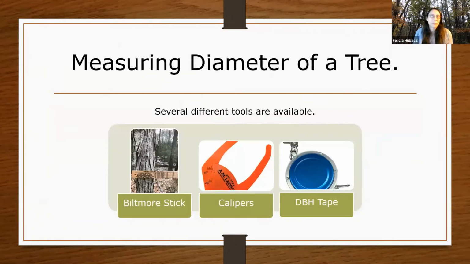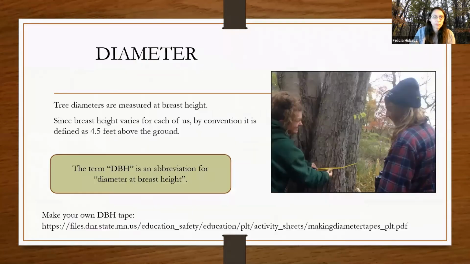So measuring the diameter of a tree, there's 3 different types of tools that are available. You have the Biltmore Stick, calipers, and DBH tapes. And all of these use a hidden mathematics. So diameter, I'm sure you all know what diameter is.